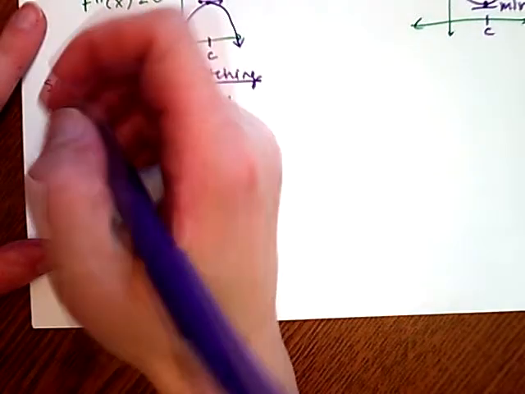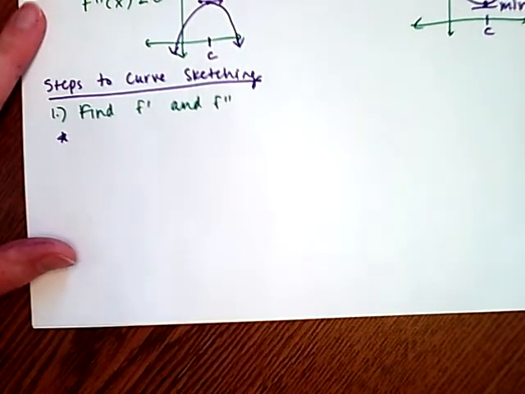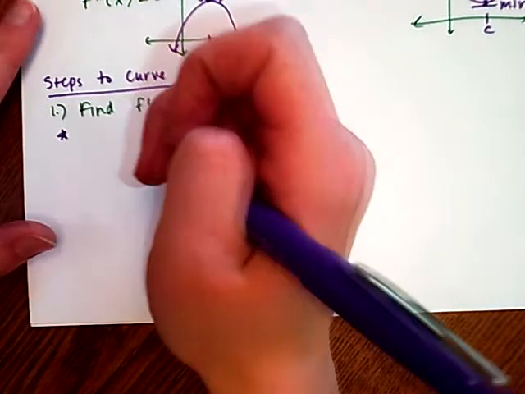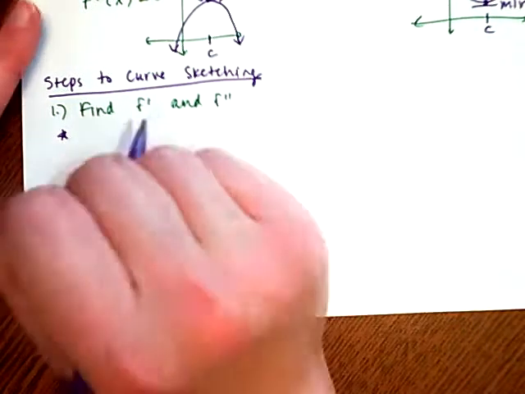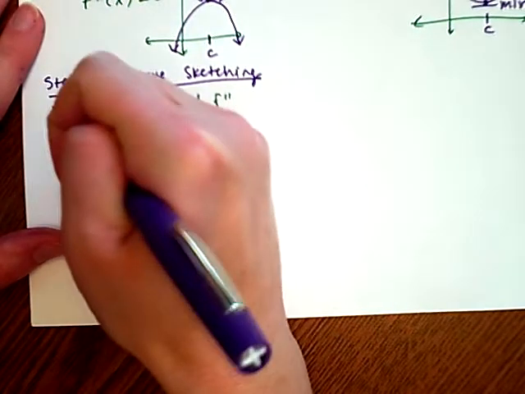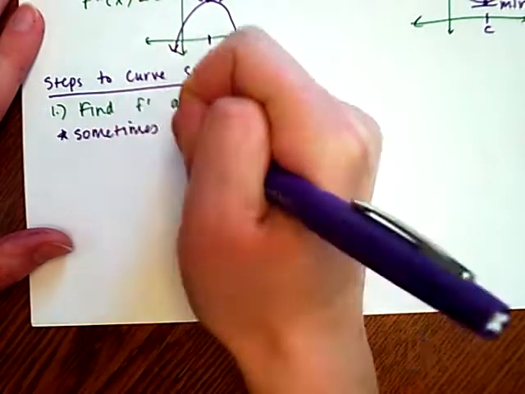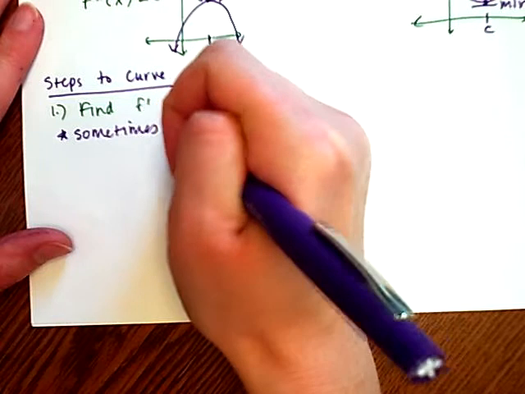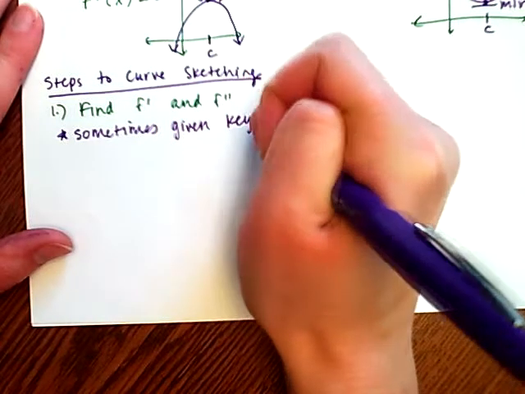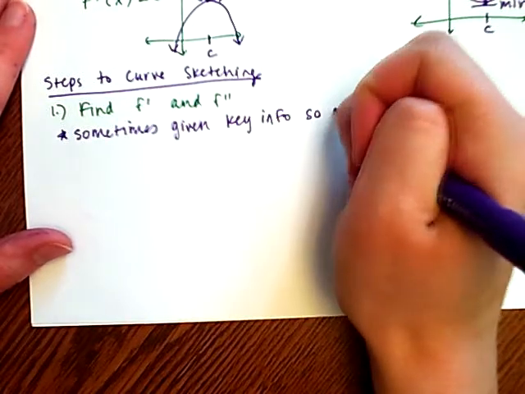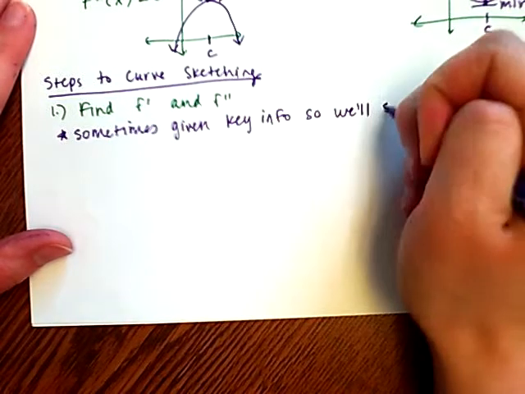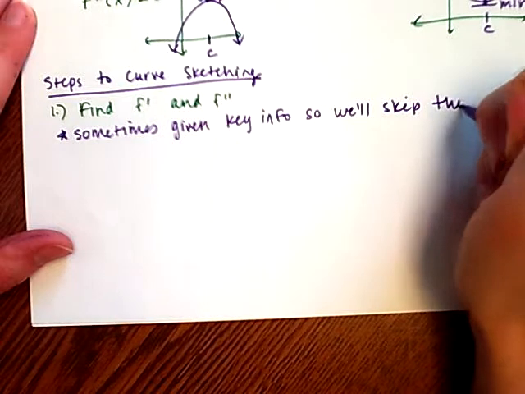A note about this step: sometimes we're not going to do this step, because sometimes we'll be given information about f and f prime and that will be all we use. So sometimes, given key info, we'll skip this step.